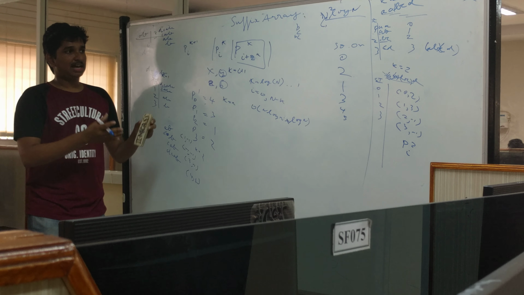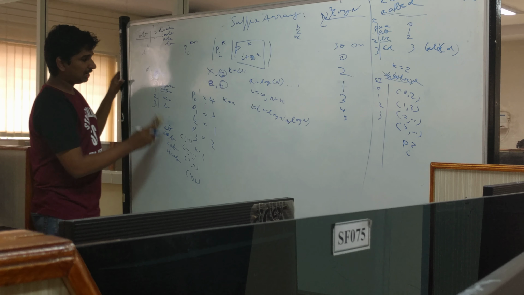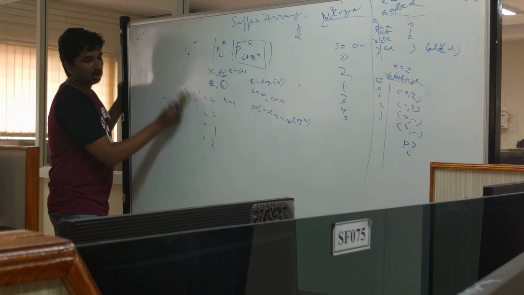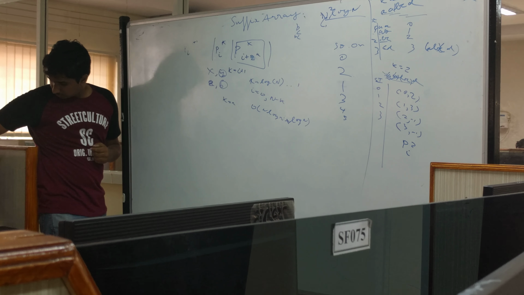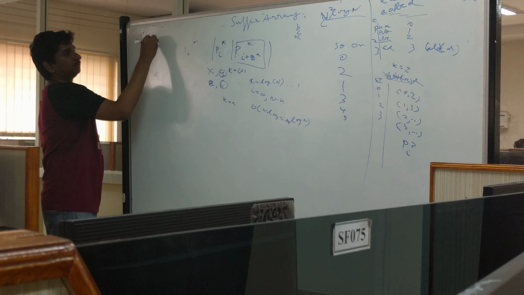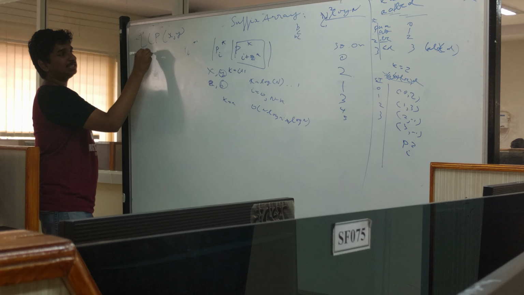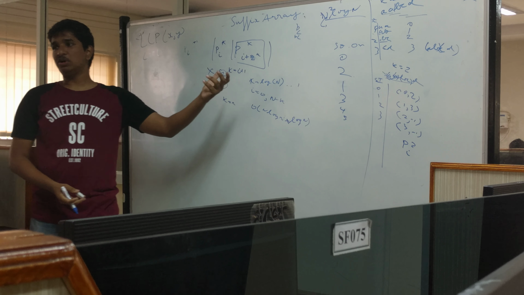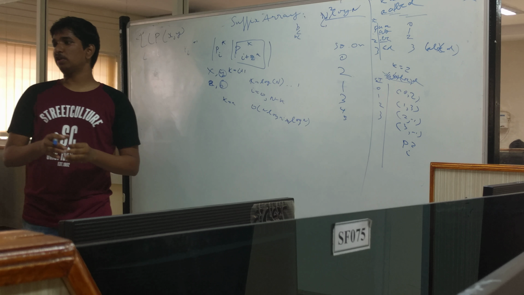But suffix arrays by themselves don't tell a lot of information. We have to build another auxiliary data structure called LCP. LCP stands for longest common prefix. I have to build an LCP array, because the problem with the suffix trie was that it had a lot of uses, but to make it memory efficient I have to do a lot of steps.